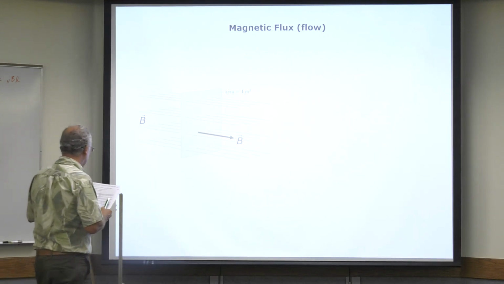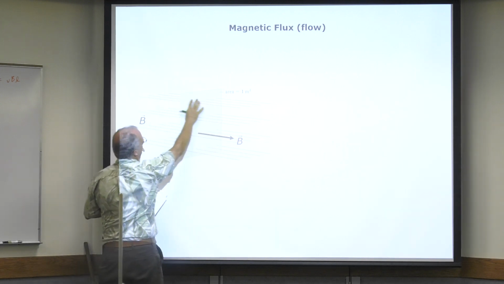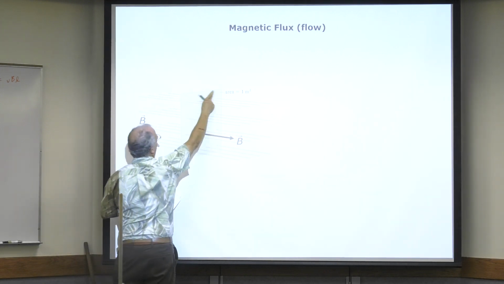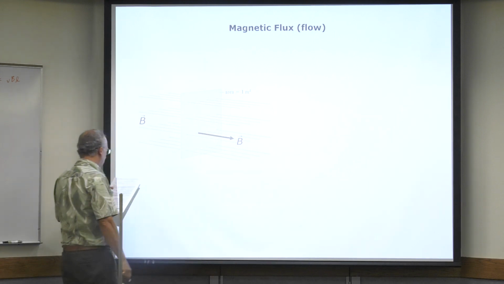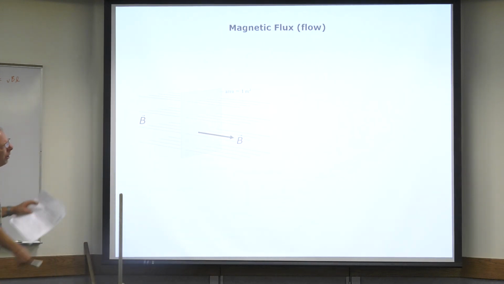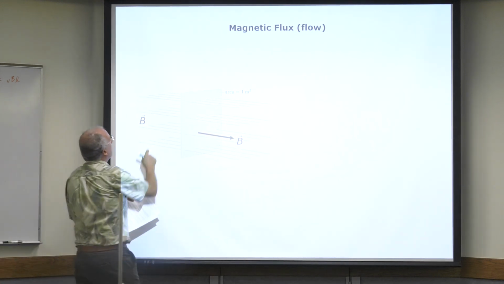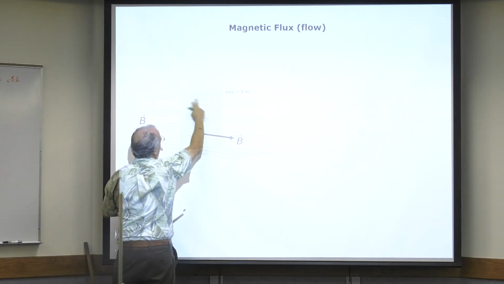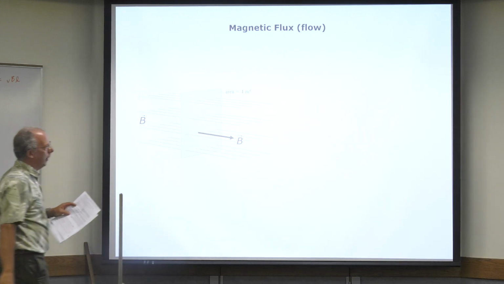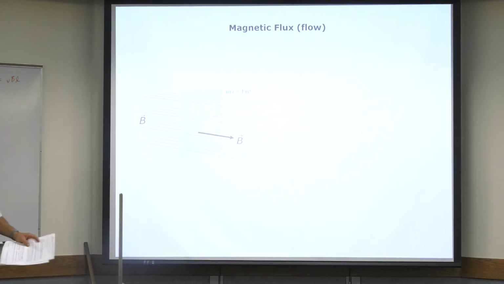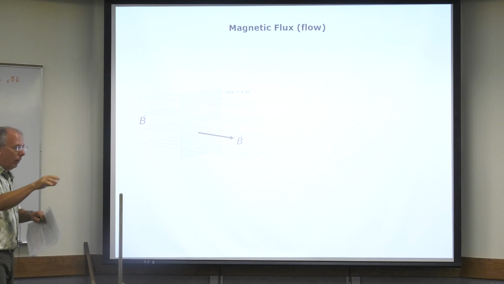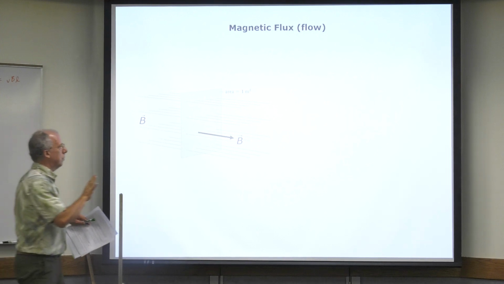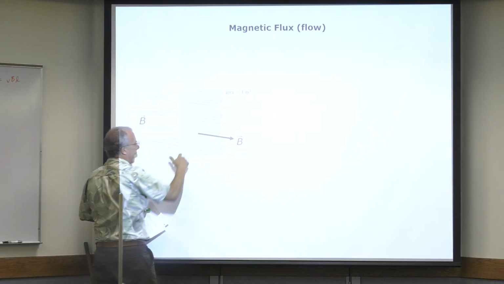Well, the flux is the amount of this magnetic field that's able to go through this area of 1 square meter, or you can say the number of field lines that penetrate this area. That's what flux is, right? How much of whatever you're talking about, here the magnetic field, goes through this particular area.